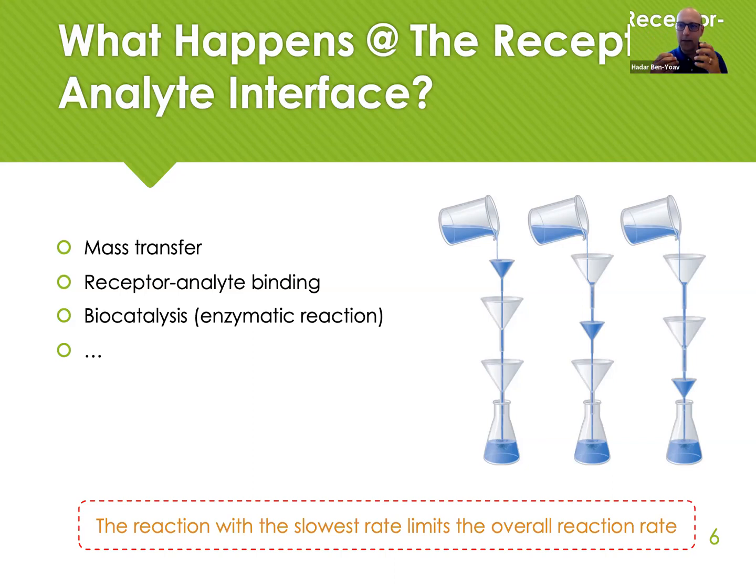So it doesn't matter how fast the binding is. It matters how fast the molecule diffuses to the receptor. We have to remember that the slowest reaction is the one that limits or defines the overall reaction rate.